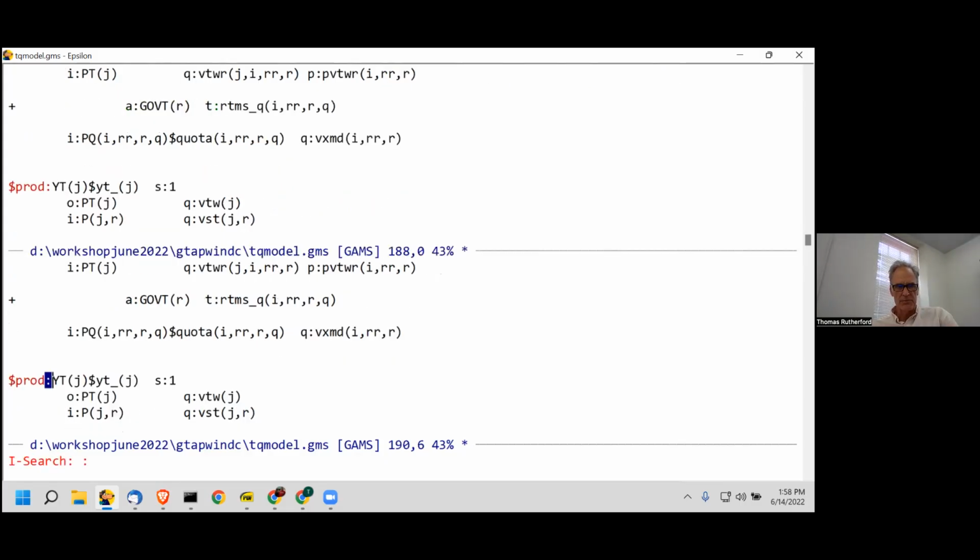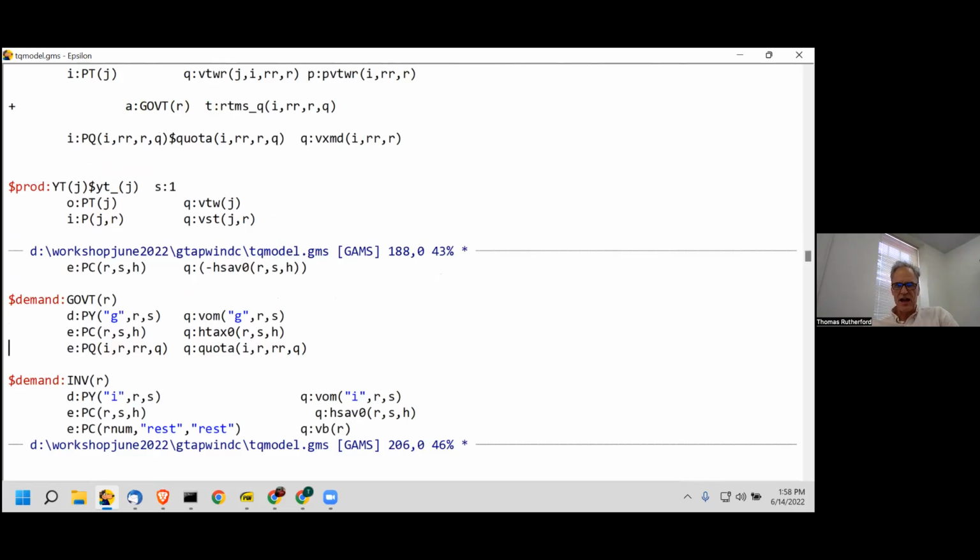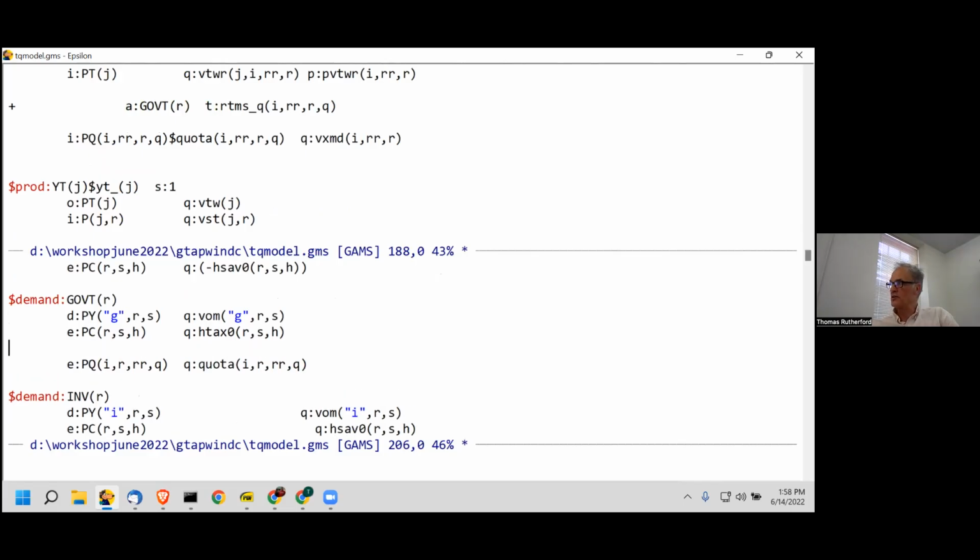I look at PQ, there's an endowment of what the quota level is. Quota of IRRQ is how much you're allowing in at quota level Q of commodity I from region R to region RR. And that's what's driving this.